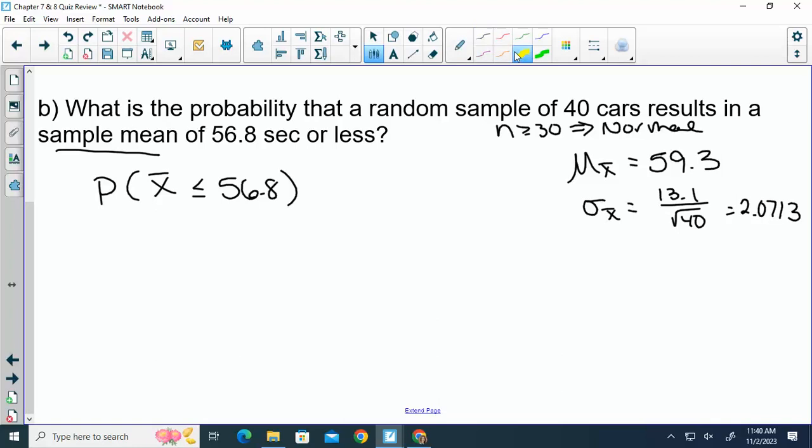Remember, when I talk about sample means, I'm talking about X bar, so you need the mean and standard deviation for X bar to turn it into a Z. So we are finding our Z, our value minus the mean, divided by standard deviation.